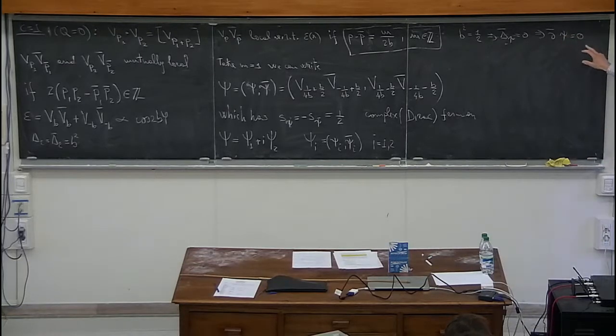And this is the equation of motion of a free fermion. So at b square equal 1/2, we have free fermions.